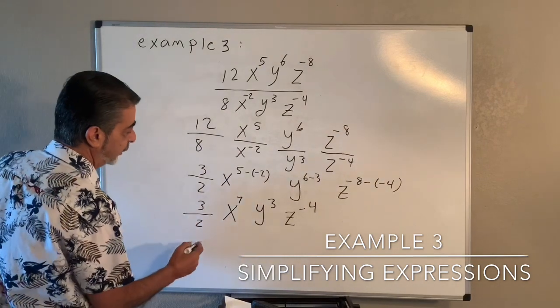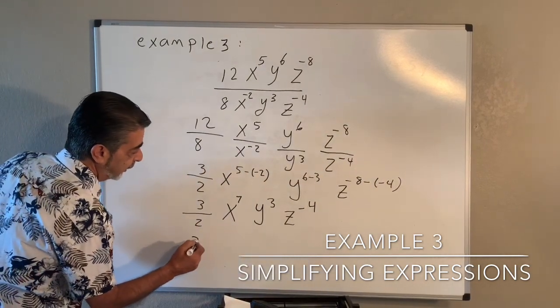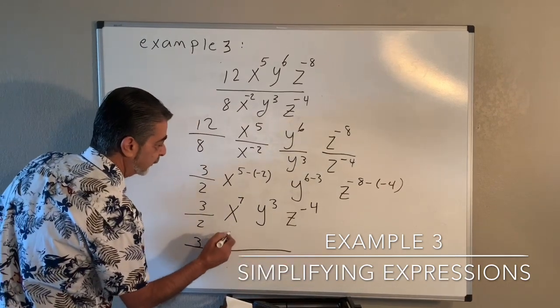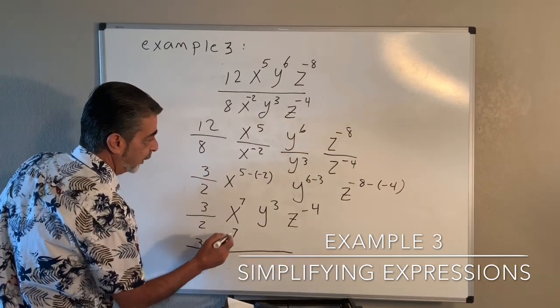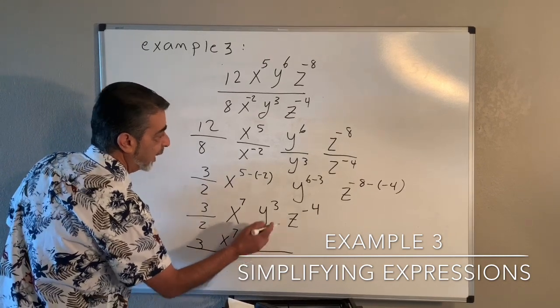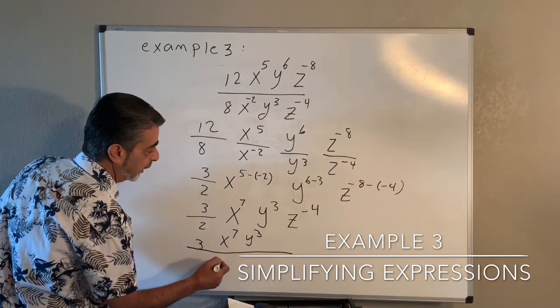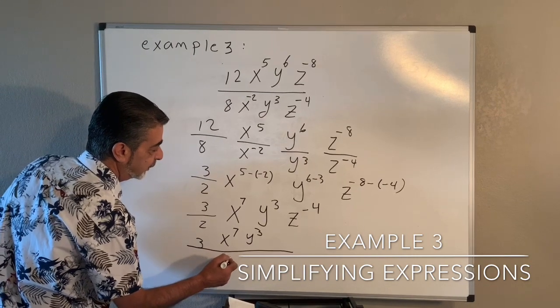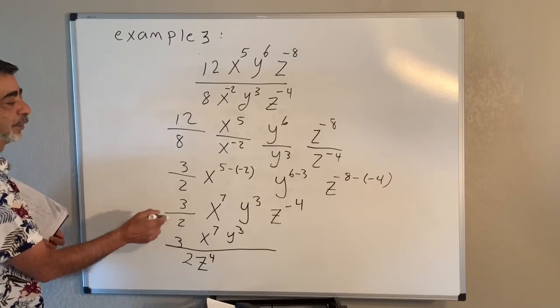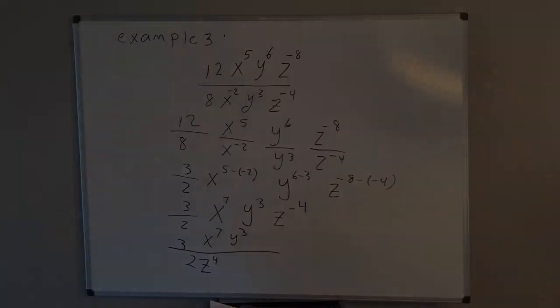Now we have to rewrite it. We have 3 on top, we have x to the power of 7 positive. We have y to the power of 3 positive. And the negative, we bring it down and make it positive, which is z to the power of 4 positive. The 2 is the one on the denominator.